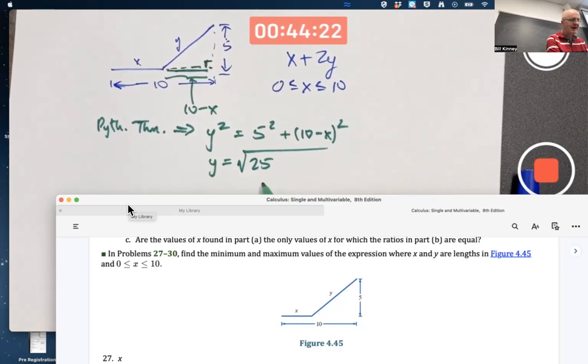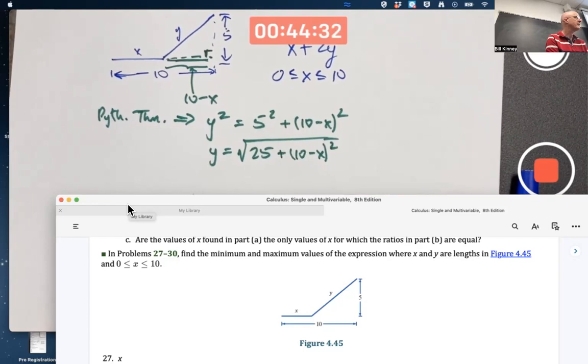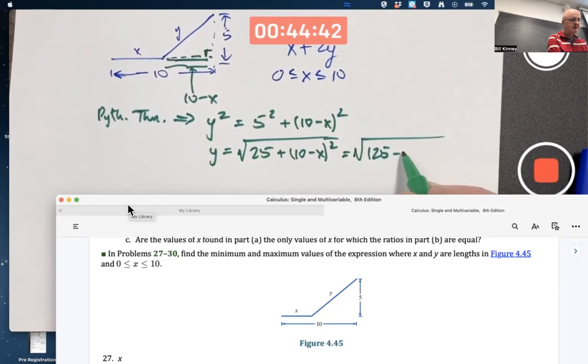Should you expand that out? It's actually probably not a big deal if you don't. It might even be easier if you don't. You could expand it out. It's not a real big deal, one way or the other. I'll go ahead and write what it would equal if you expand it out just for good measure. 10 squared is 100, plus 25 is 125. We'd also have a minus 20x and a plus x squared.